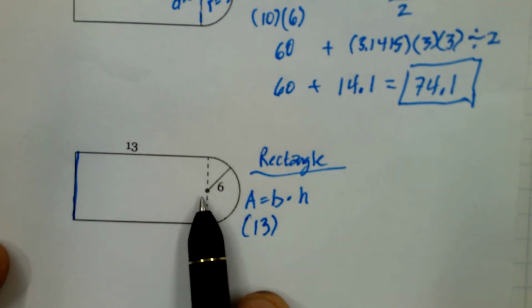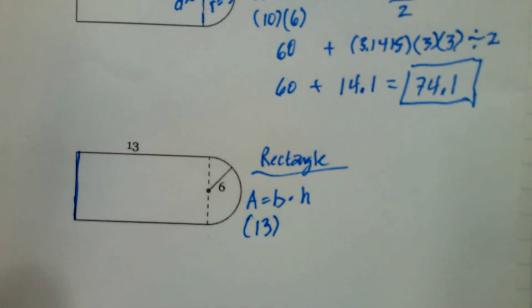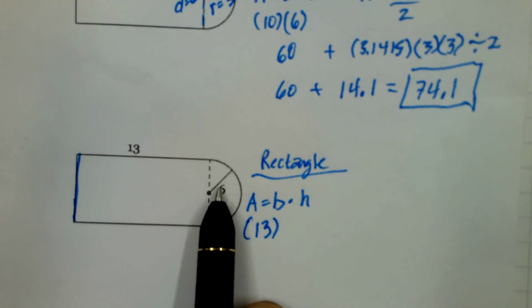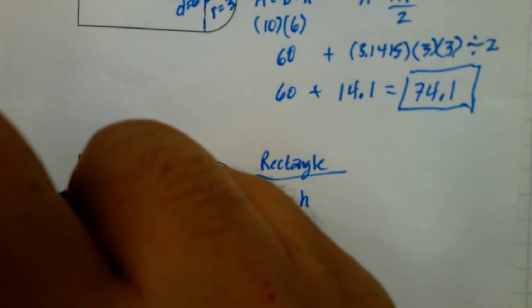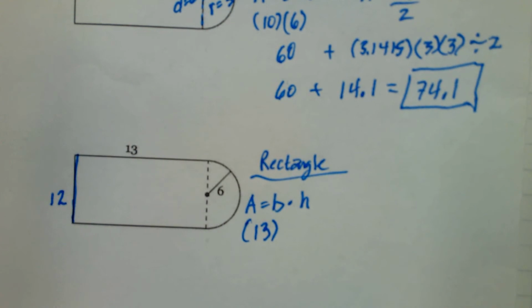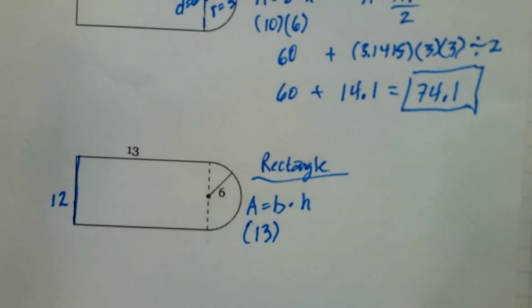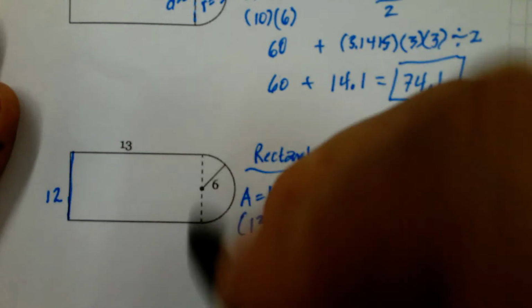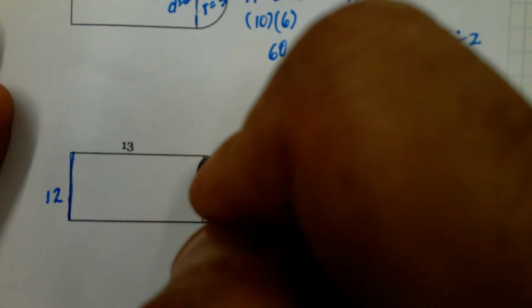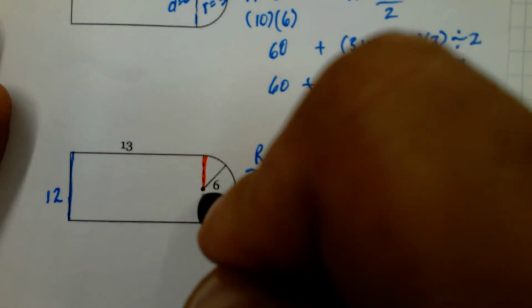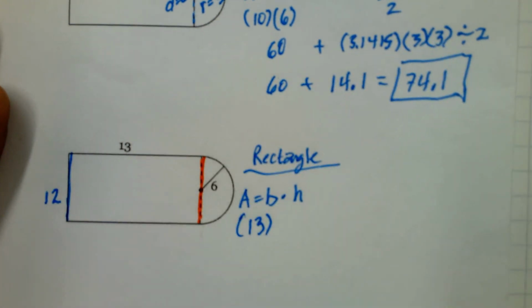Let's say it's 6. No, 6 is the radius. So radius times 2 is 12, which is the diameter. Remember, the radius goes from here to here, which would be half of the height. So we want the full height, which is going to be 12.